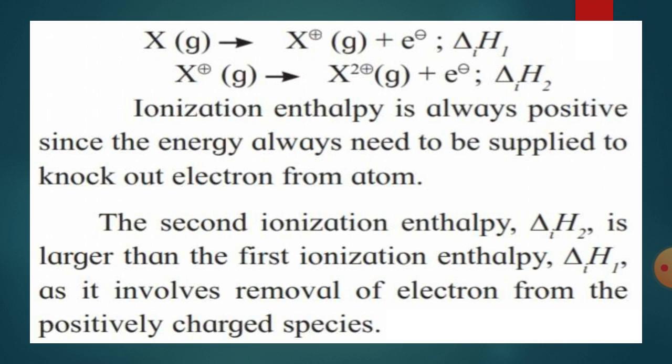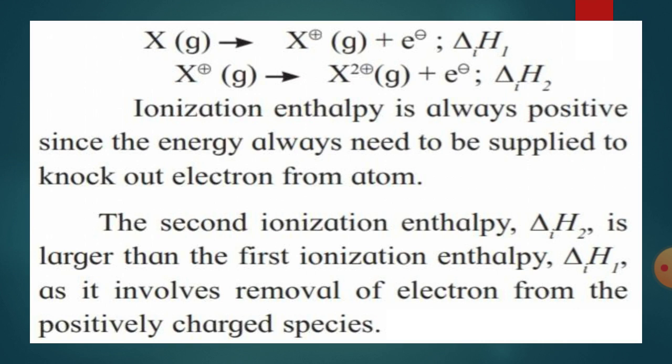So here the second ionization enthalpy is larger than the first ionization enthalpy, as it involves removal of an electron from a positively charged species. In the neutral gaseous atom, no electron has been removed yet, so the outermost electron can be liberated easily.